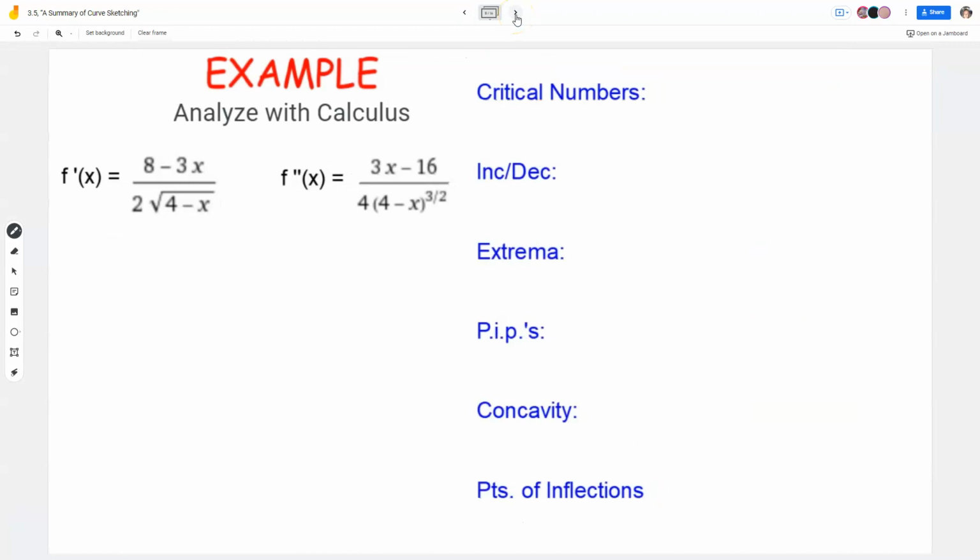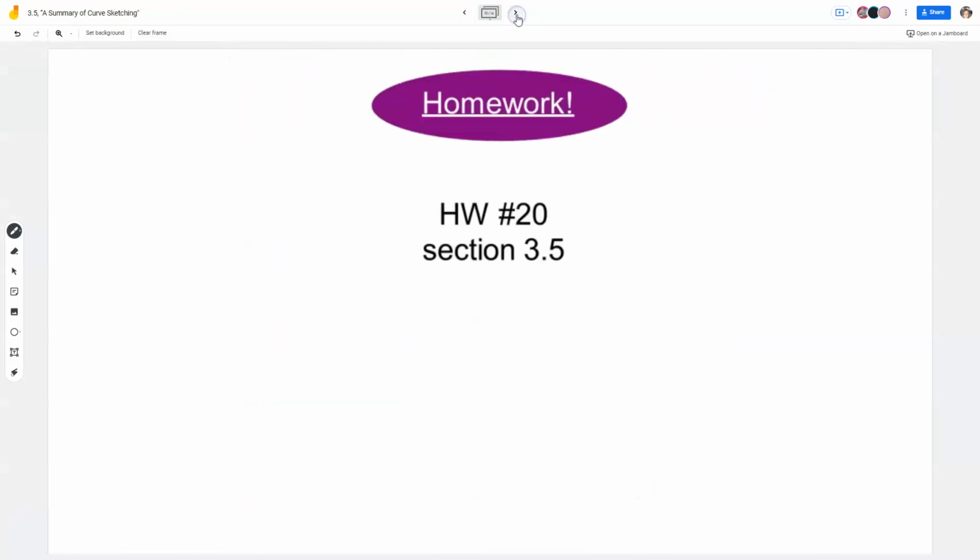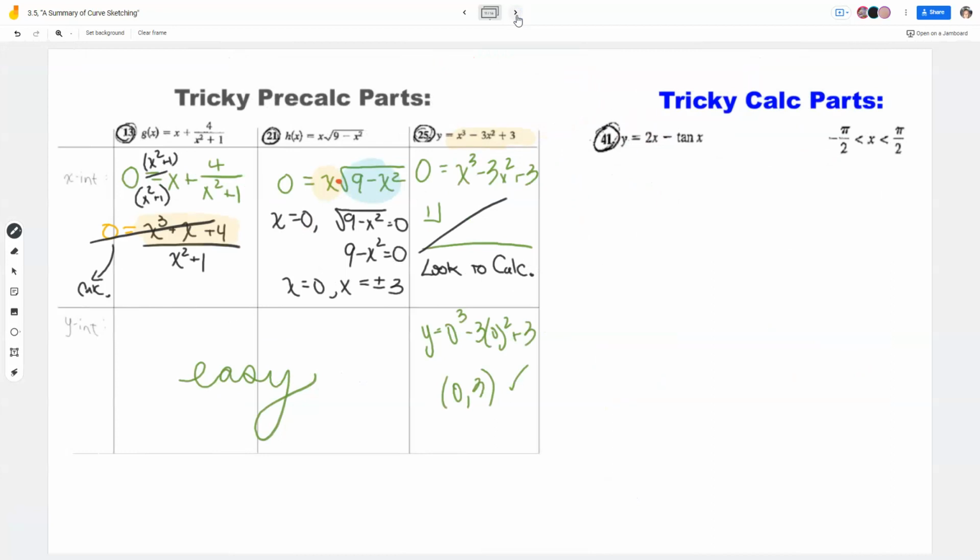Yes. You just want it simplified. It takes some work. But that's not new. That's review from last semester. But what if you have a trig guy? His derivative's easy. The problem is, how do you find his crits? I want the zeros, I want the DNEs.